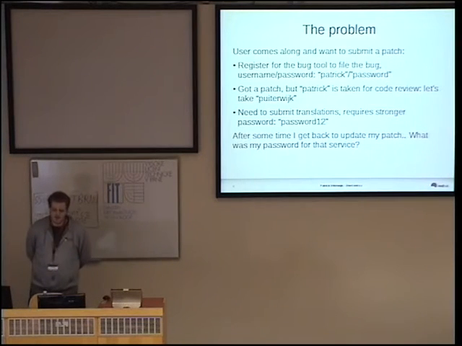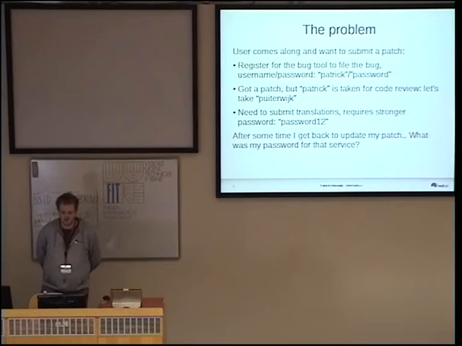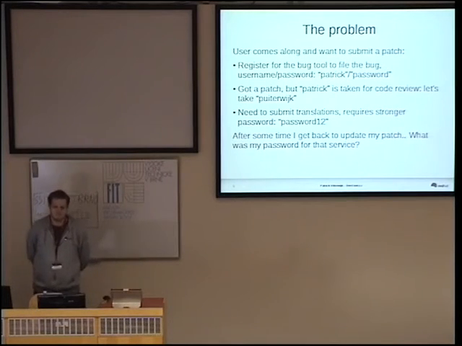So, let's say I want to contribute to a project. I first need to file a bug, so I register for the bug tracker as username Patrick, with the password being "password", because I'm not that security oriented, for example. Then I want to submit a code patch, but it turns out that the user Patrick has already been taken for that system, so now I have to take something different.